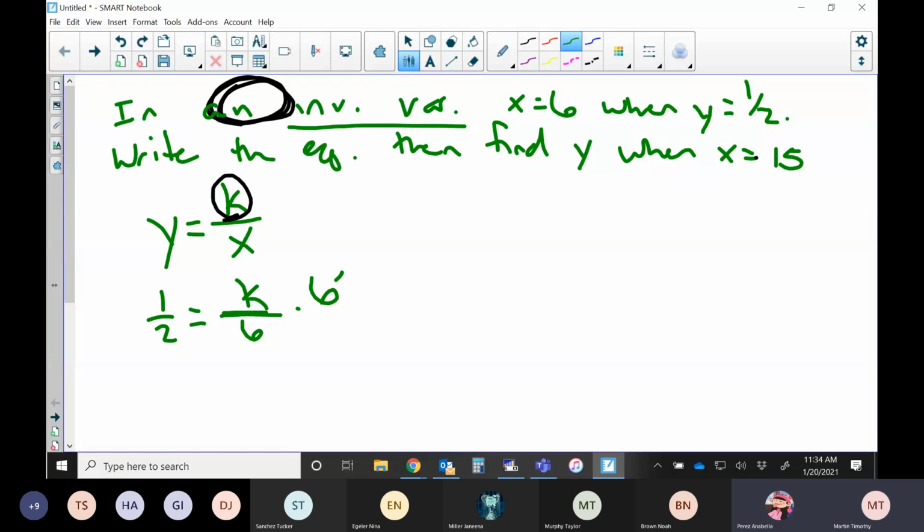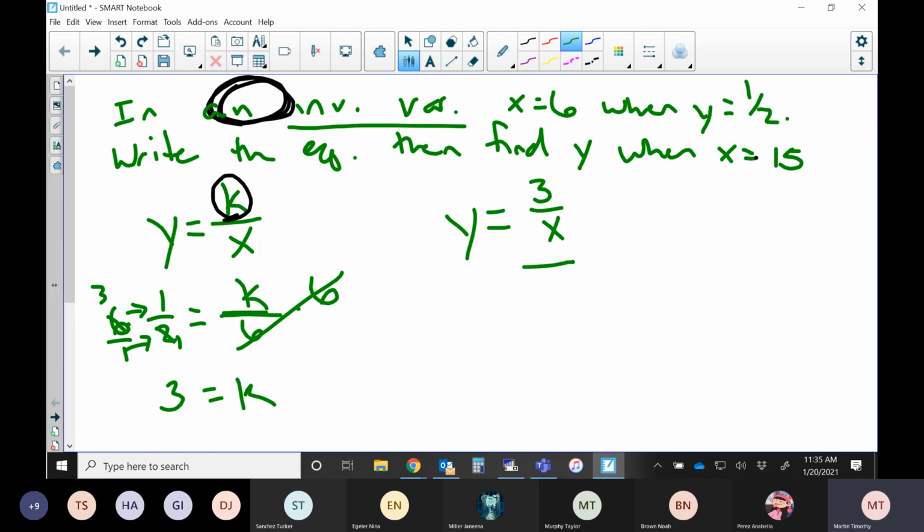If I multiply both sides by 6, fractions we need to get better with. Top times top, bottom times bottom. You can also cross simplify. This can turn into a 3, this can turn into 1, and so this whole side turns into a 3 equals k. So my k is 3. So what's the equation? Y equals 3 over x. There is the answer to the first part of this question.